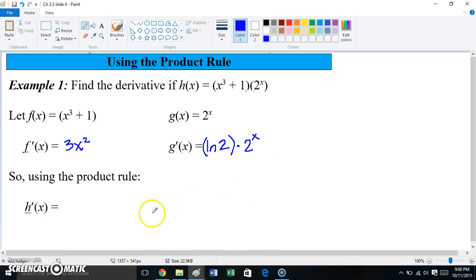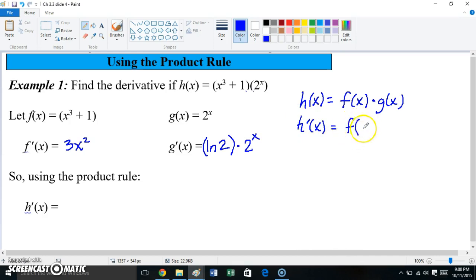Okay, so in order to use the product rule, let's just remember what that is. If h of x is equal to f of x times g of x, then h prime of x is equal to f of x times g prime of x plus f prime of x times g of x.